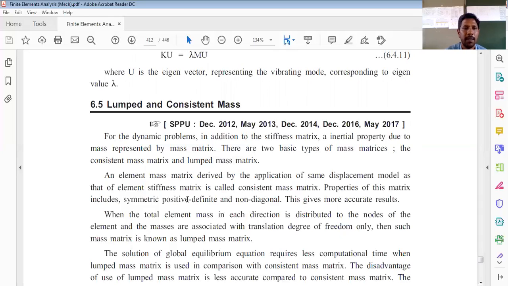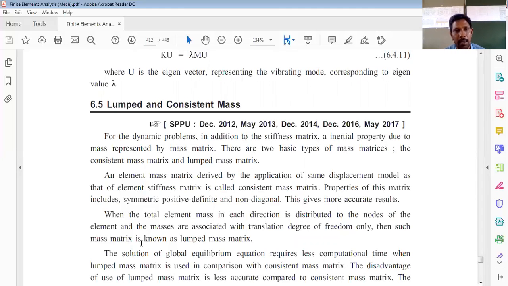And suppose the element mass in each direction is distributed to the nodes of an element, so it is assumed that the total mass of that particular element is concentrated at a particular node, then we call it the lumped mass matrix or distributed mass matrix.